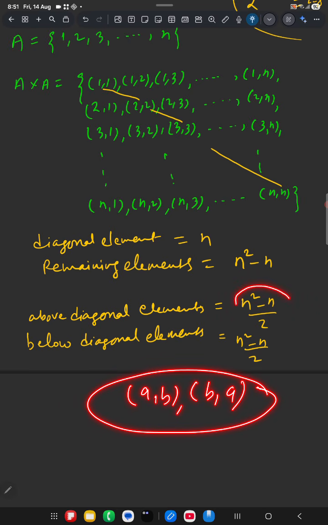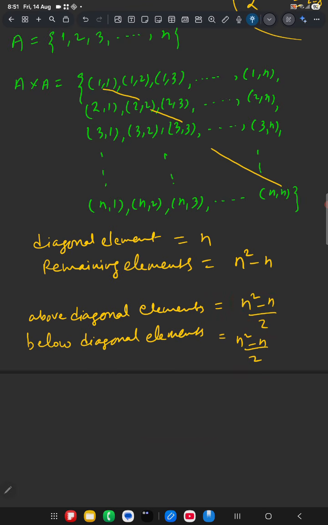There will be n square minus n upon 2 pairs which make a symmetric relationship, for a pair which gives you the same thing after reversing: 1 2, 2 1, 1 3, 3 1. Those many pairs are in number n square minus n upon 2, because in totality there are n square minus n members which will give you a symmetric relationship in pairs.